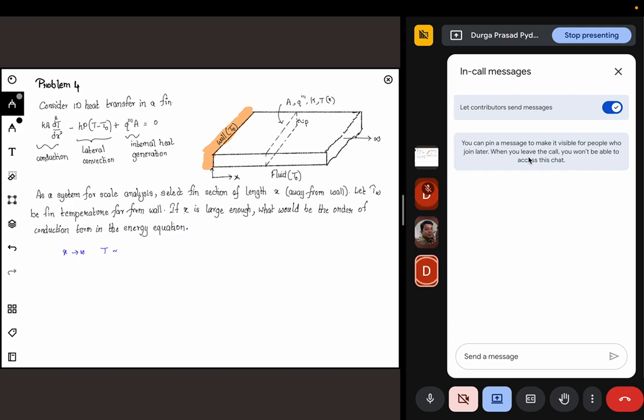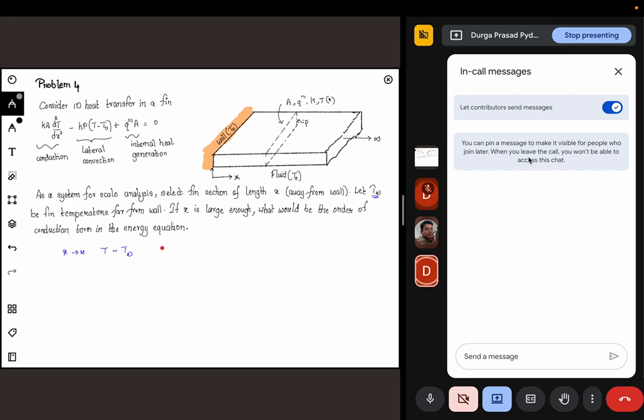It's not about increase or decrease, but what will be the order. Here I mentioned that T infinity is the temperature far from the wall. So as x tends to infinity, T will be in the order of T infinity, right? That's what I was intending. So it will be T infinity plus or minus something, but it will be close to T infinity as x tends to infinity.